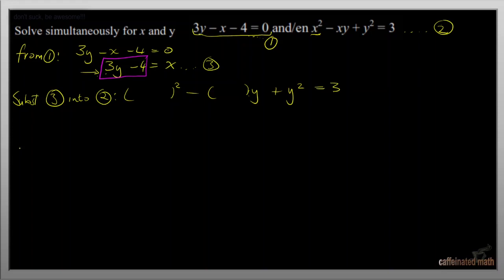So let's do our substitution in purple. It's that 3y minus 4, and that 3y minus 4. So let's have another color again, just to simplify.